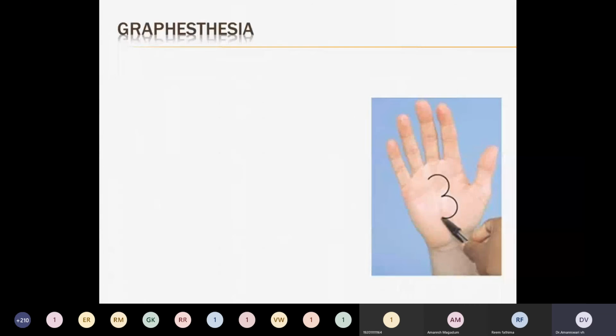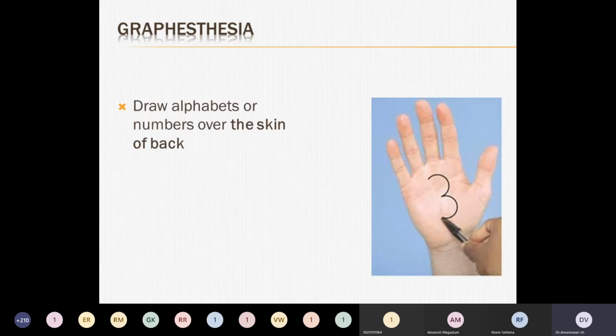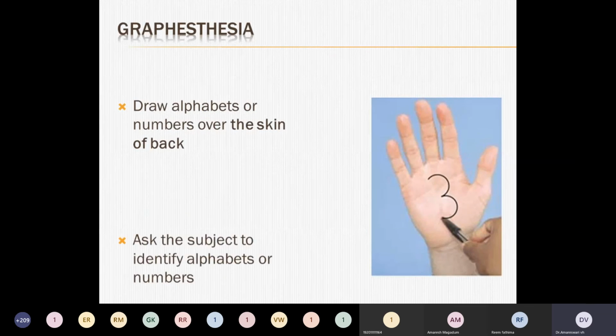And the last sensation is graphesthesia. Here, what you have to do is draw alphabets A, B, C, D or numbers 1, 2, 3 over the skin of the back. Here in the photograph I have shown you on the hand, but you use the skin of the back. Make sure that there is no clothing.